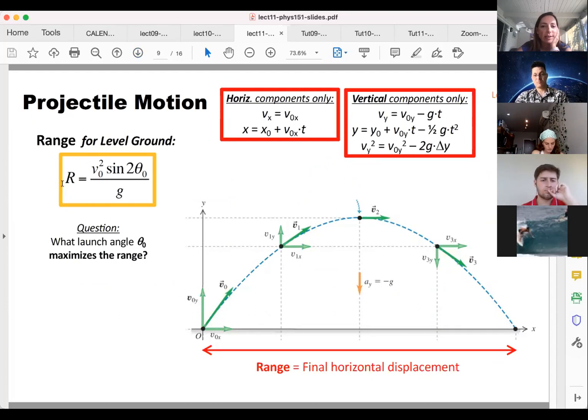You can calculate it going through these equations, but we already did it for you. We don't show you all the calculation. We make your life easier. So the range is going to be equal to V0 squared times sine of 2 theta, where theta is the initial angle at which you are throwing the ball, and when we indicate the angle it is always the trigonometric angle, divided by g.